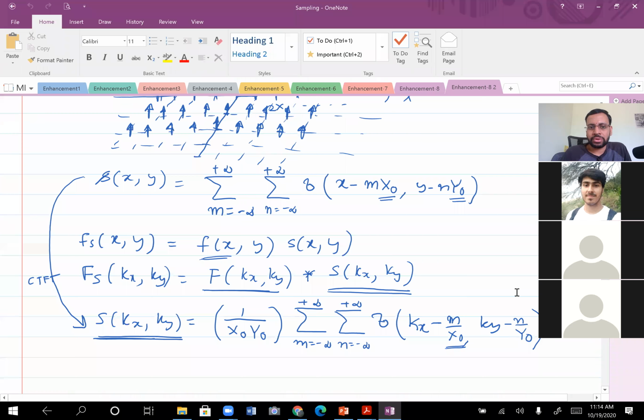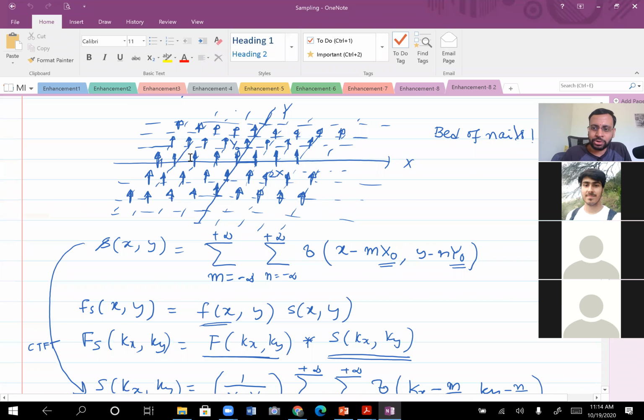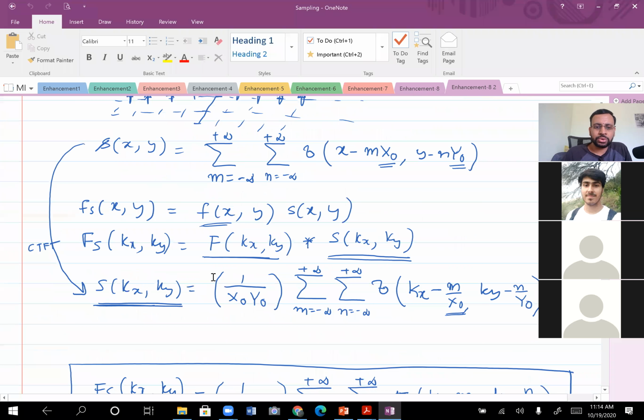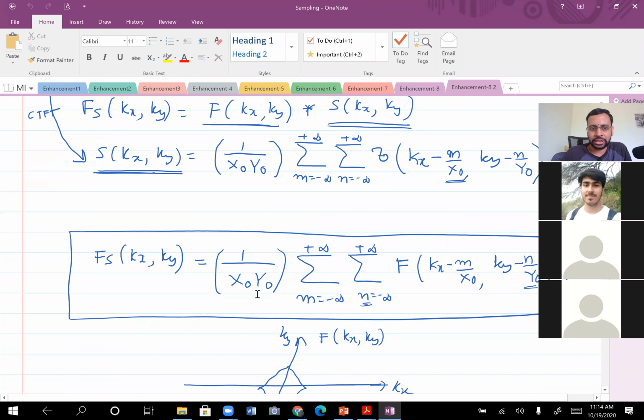So what you are going to have here is one more bed of nails now, whose distance along the x-axis is 1 by x naught instead of x naught, and along the y-axis instead of y naught you have 1 by y naught. And of course the magnitude of those impulses gets multiplied with 1 over x naught times y naught, correct?